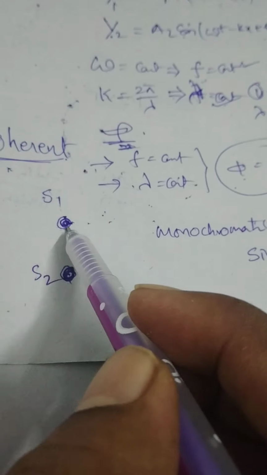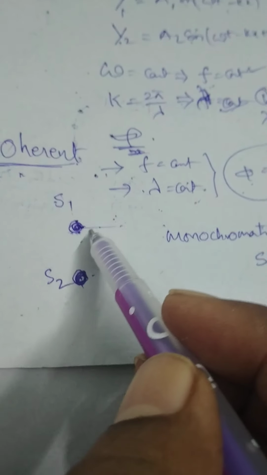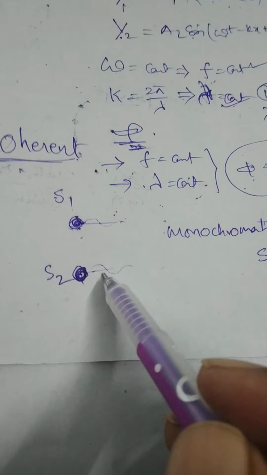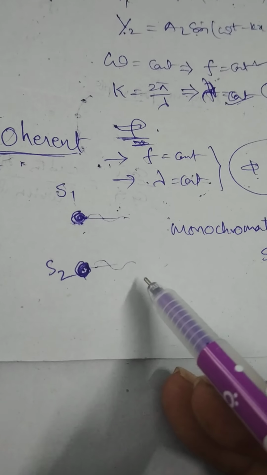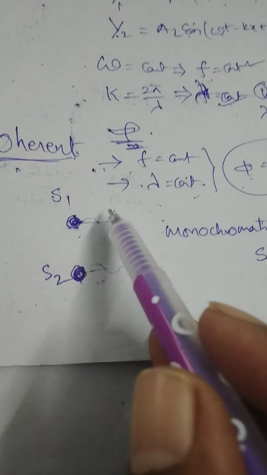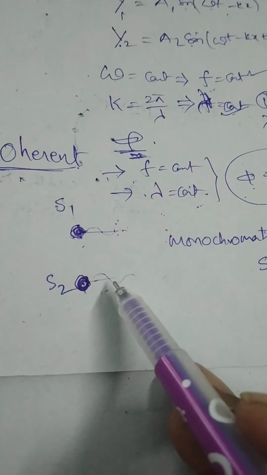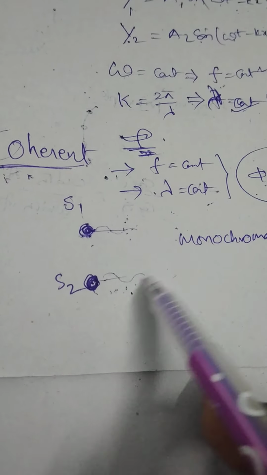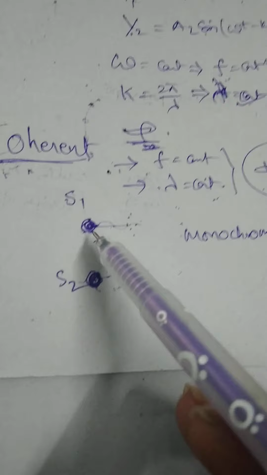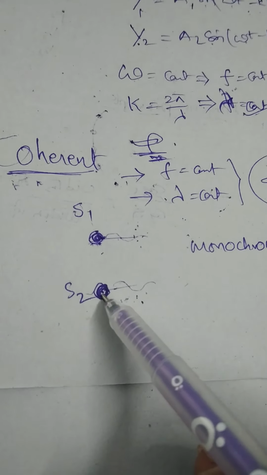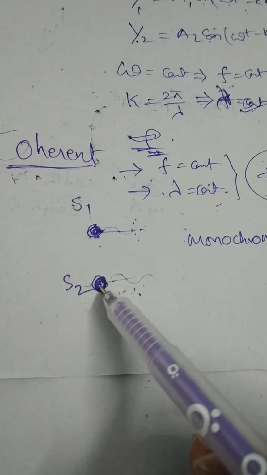Suppose it is a yellow light, and the other is also producing yellow light, meaning both have the same wavelength. Maybe both have the same frequency, but the phase difference between these two light rays cannot be constant, and it will differ from point to point. That's why two individual monochromatic light sources cannot always act as coherent light sources.